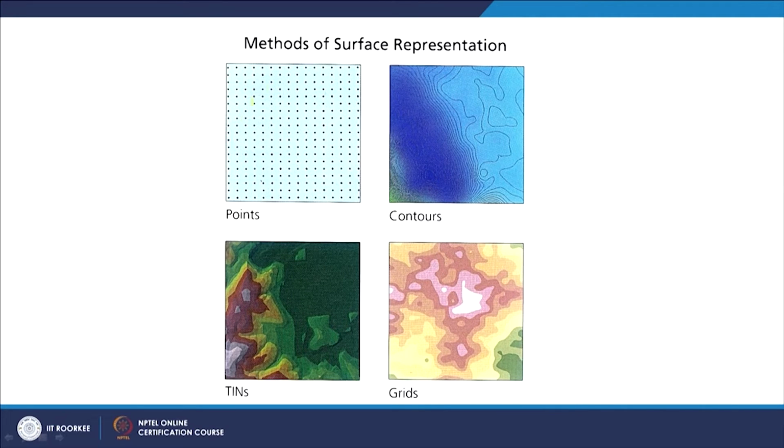One way is that we have systematic point information, which is not very easy to get, because nobody collects data in a systematic manner, but anyway theoretically we have systematic values against each point. If I consider these all elevation values, then against each point here on the top left we have some elevation value. Using those elevation values, one can create contours and fill in between, and you get those things like you are seeing here.